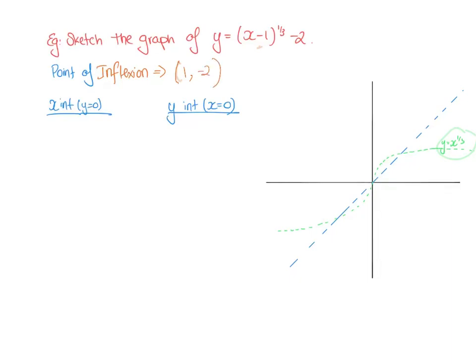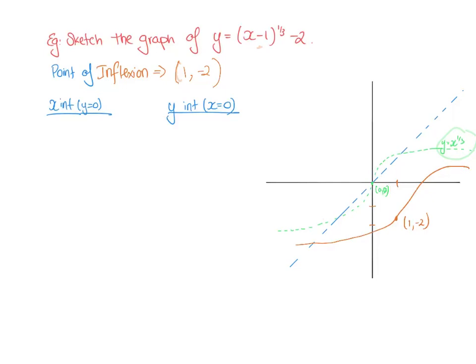So that's where we're going to see the inflection. In a basic one, the point of inflection is at 0, 0. So now we've moved it to 1 and -2. So now it's here. So that's where that graph's going to change. So it's 1 and -2. So we'll do a similar shape, and it goes like that.